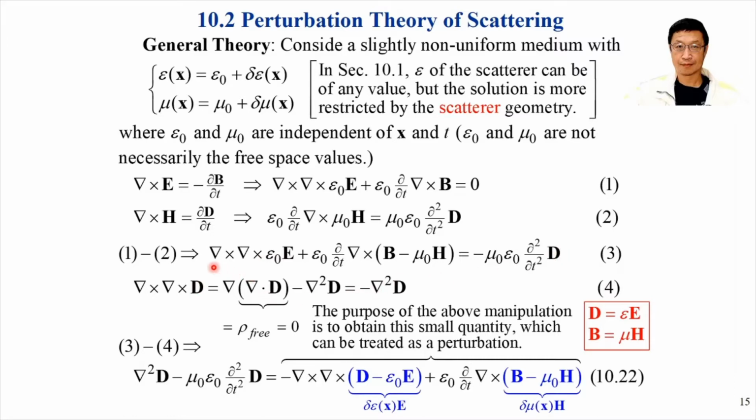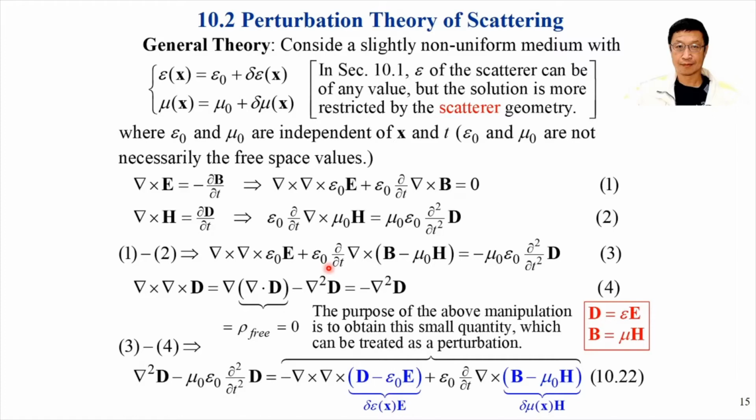Eventually, this one minus becomes plus, 3 minus 4 becomes plus Laplacian D, and this one minus this one, so still minus mu 0 epsilon 0 partial squared D over partial t squared, and this one minus this one, so we add a minus sign here, so it's D minus epsilon 0 E.